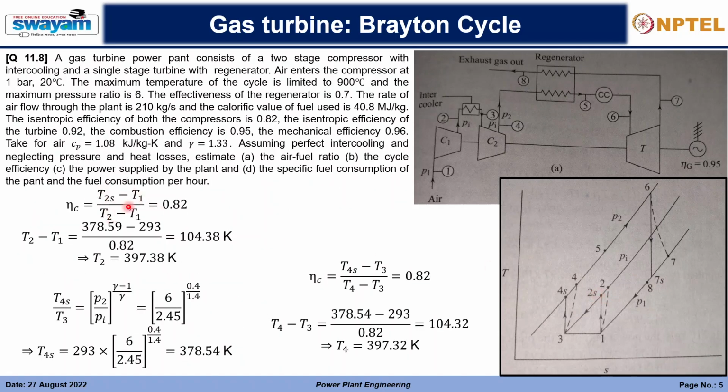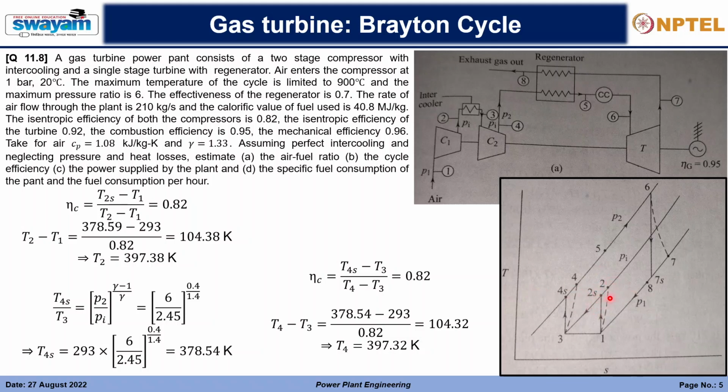The efficiency of the compressor is defined as T2s minus T1, the least amount of work that could be supplied, over T2 minus T1, because it is actually taking a higher amount of work. Utilizing this formula we get T2 as 397.38.